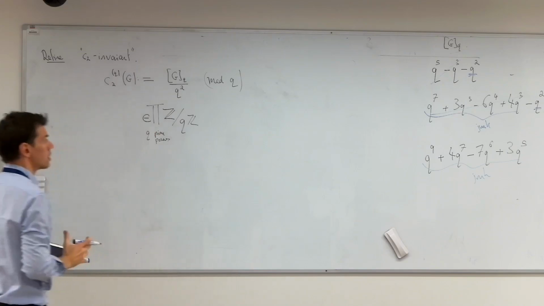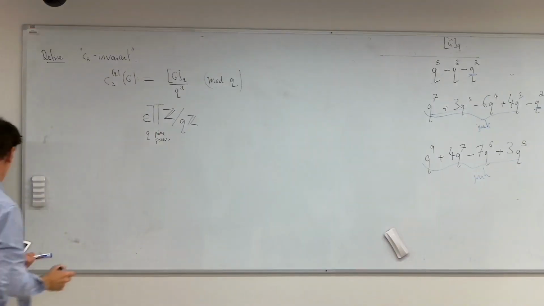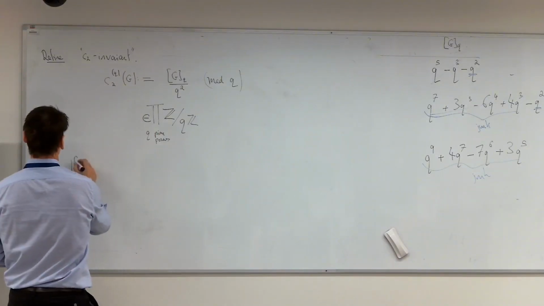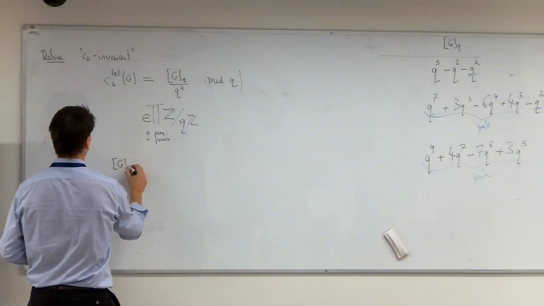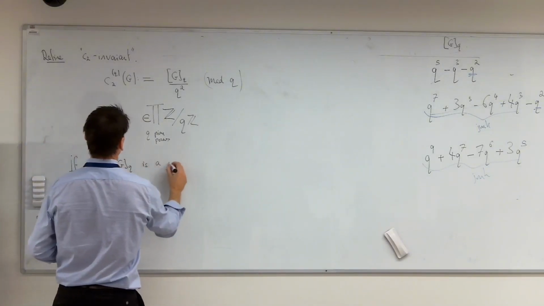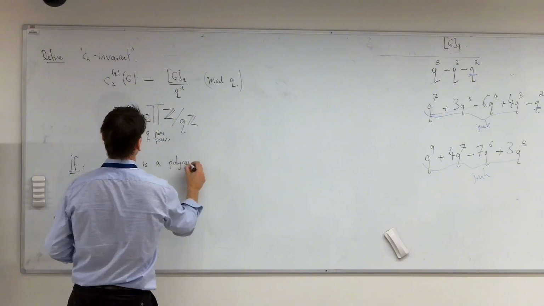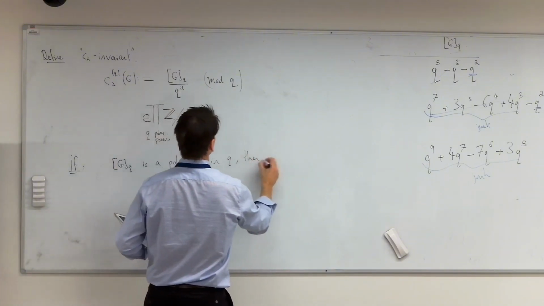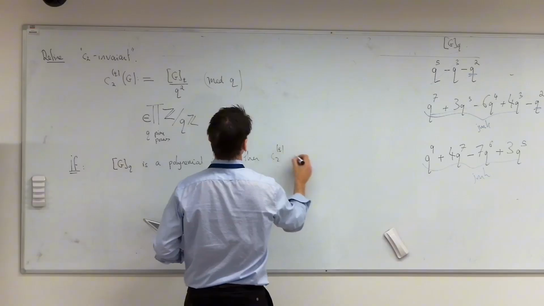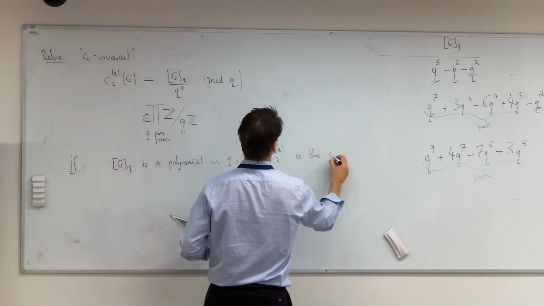Okay, so this seems like a strange thing to do. But if G_q is a polynomial in q, then C2 is the coefficient of q squared.